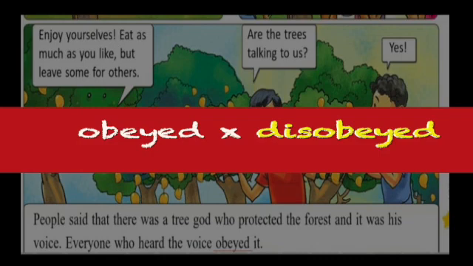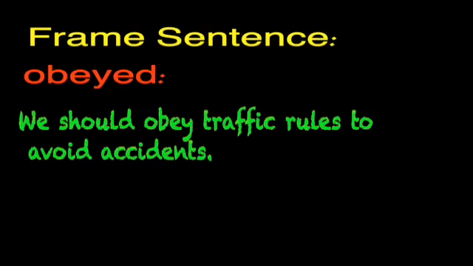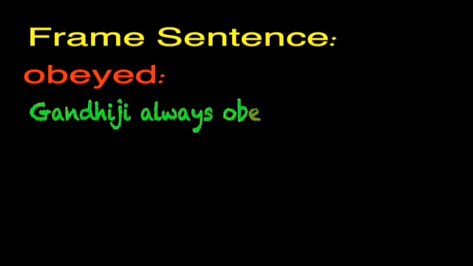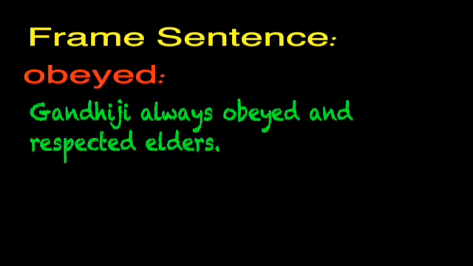So, my dear children, the opposite of obeyed is disobeyed. Now, try to frame sentences with obey. Yes, we should obey traffic rules to avoid accidents. Gandhiji always obeyed and respected elders.